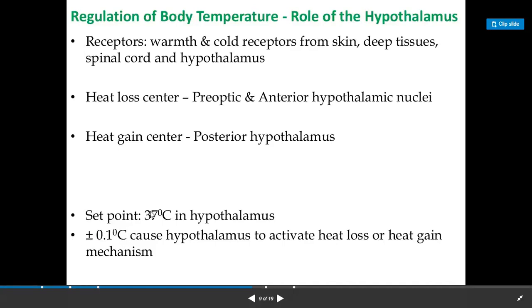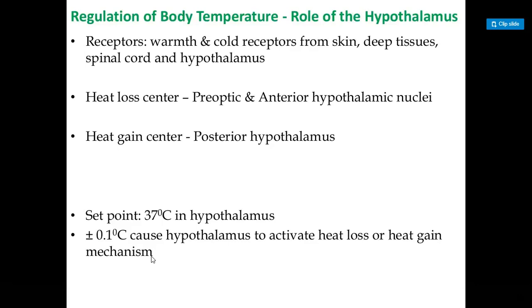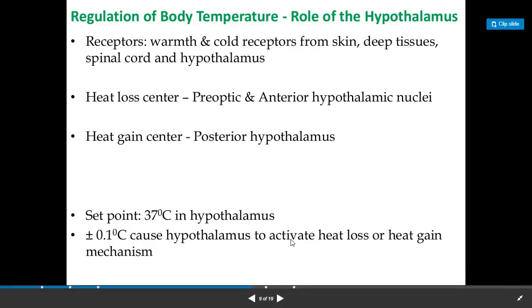Any change in the temperature will cause the hypothalamus to activate heat loss or heat gain mechanisms. So all the mechanisms we talked about just now in the skin, the shivering, the vasoconstriction and all of that, it is the hypothalamus that initiates the heat gain and the heat loss mechanisms.